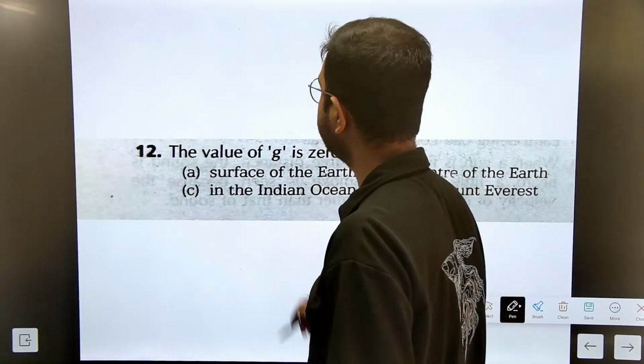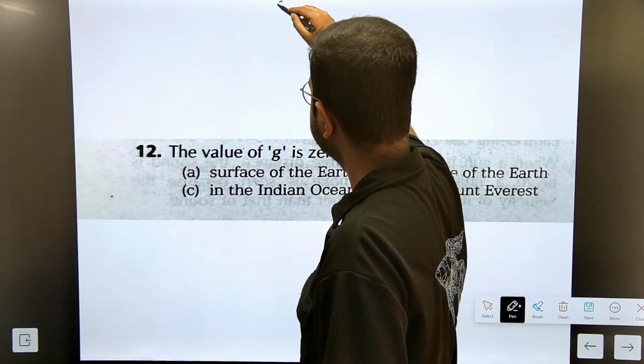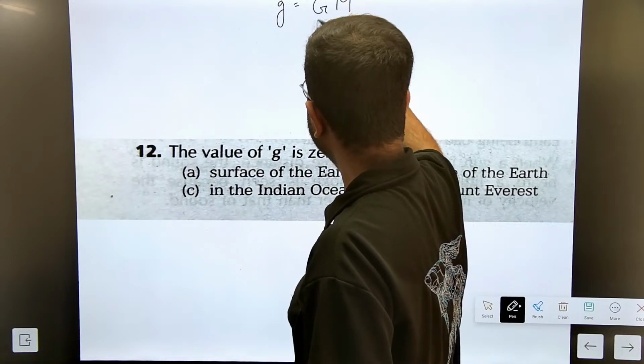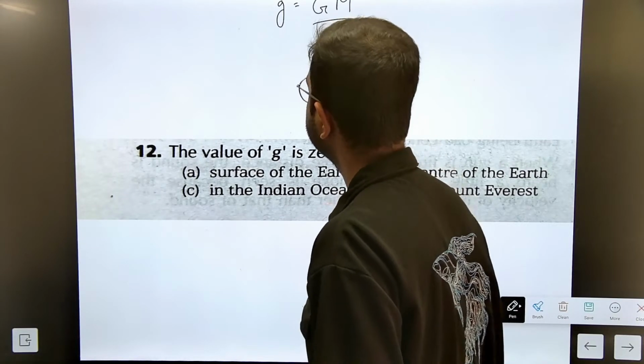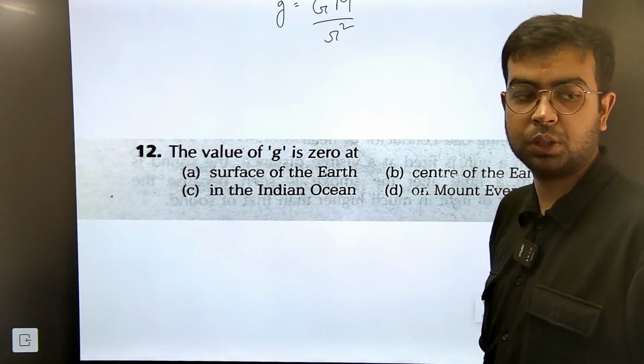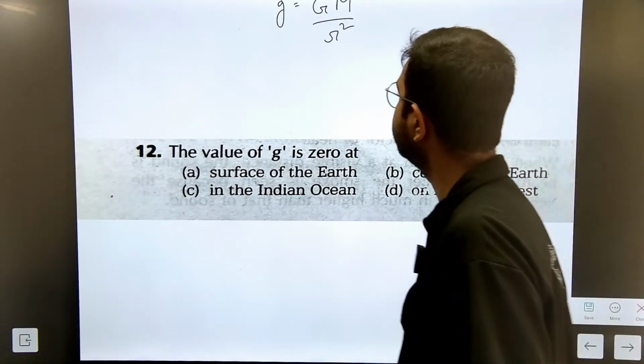Now look at this equation further ahead. g equal to GM by r square. Okay. Now let's do one thing.